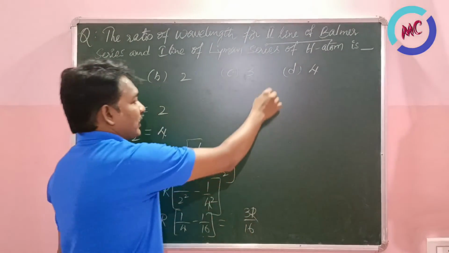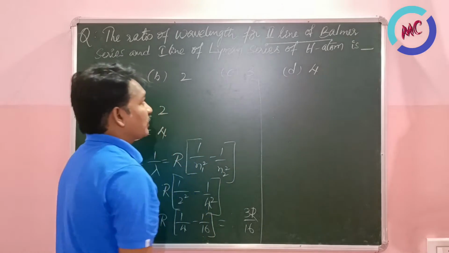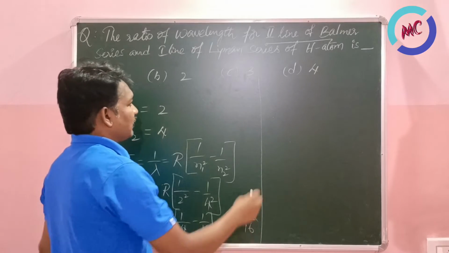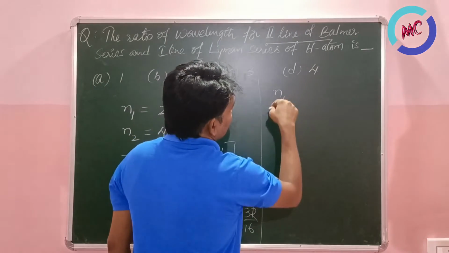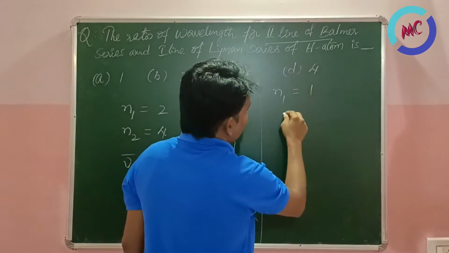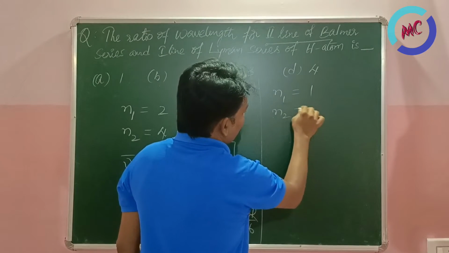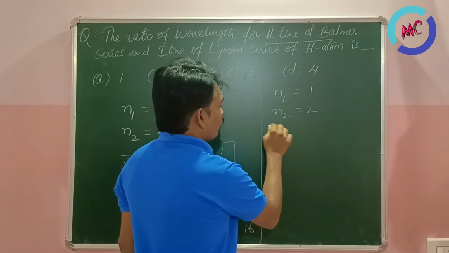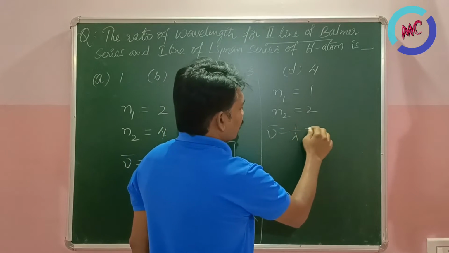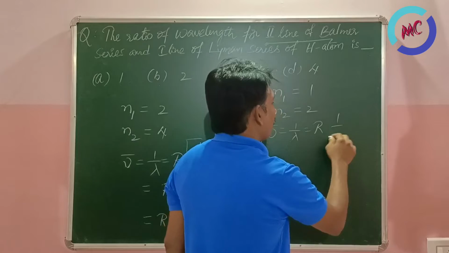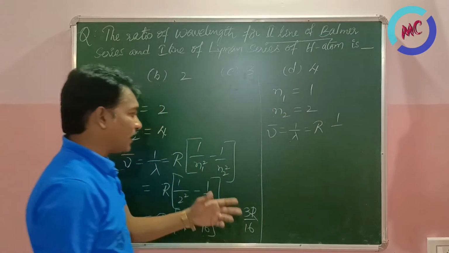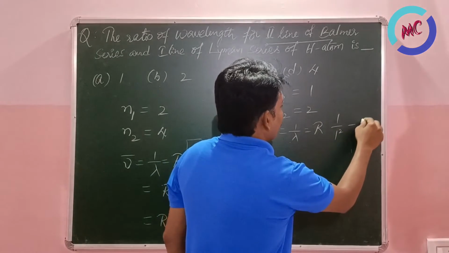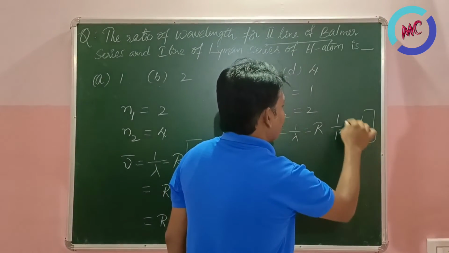Let us check in case of Lyman series. They are asking first line of Lyman series. First line of Lyman series in the sense N1 value for Lyman series is 1 and first line in the sense N2 becomes 2. Therefore here nu bar is equal to 1 by lambda, that is equal to R (1 by 1 square minus 1 by 2 square), directly I am writing the values because already I wrote the formula.